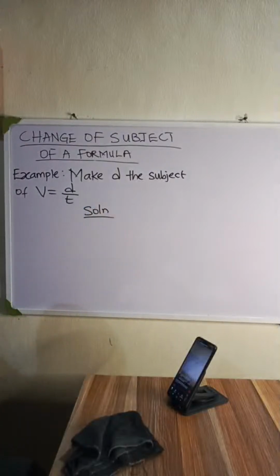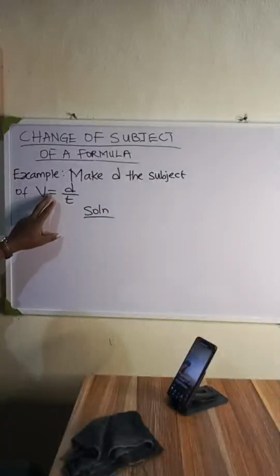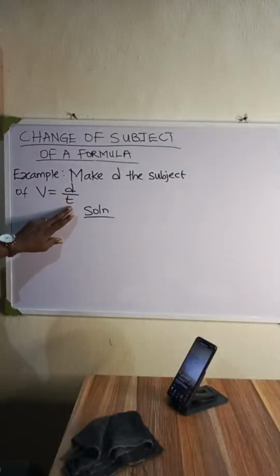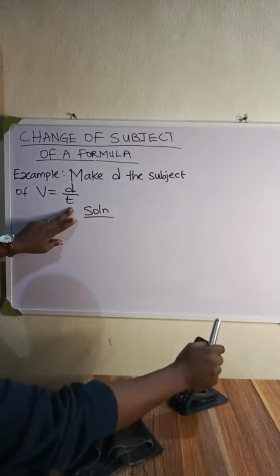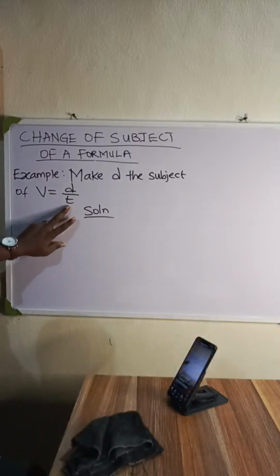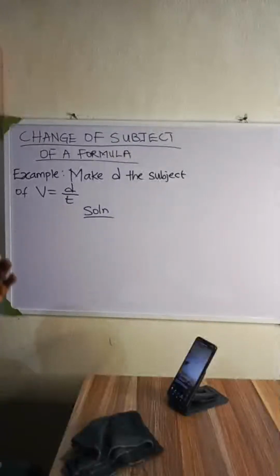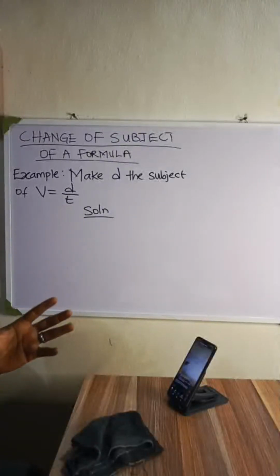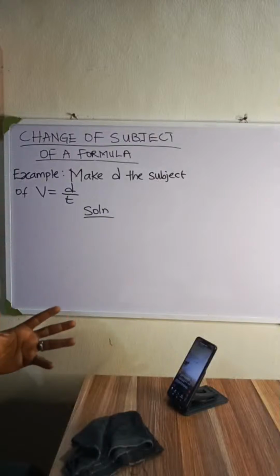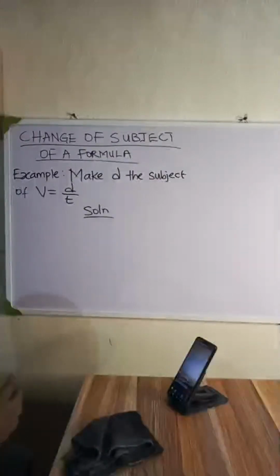So in this question, we can see that the right side contains a fraction. So since this side contains a fraction, our first target is to eliminate the fraction. We don't want a fraction yet, okay? So for us to eliminate it, we need to cross multiply.